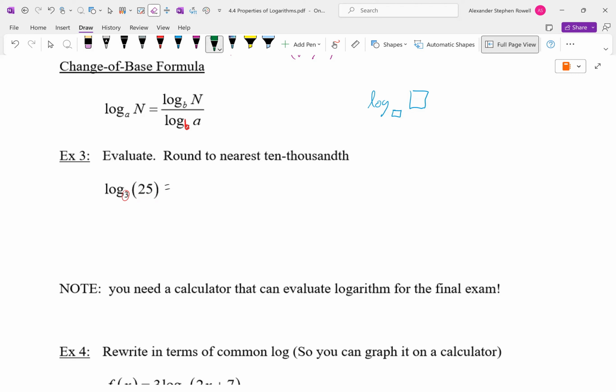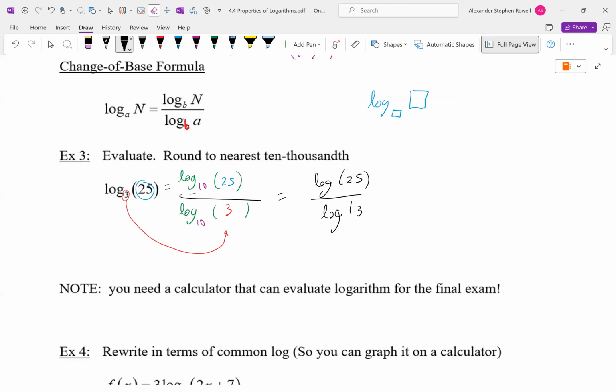You say the log that I want, base 10, of the inside, 25, and I divide it by the log that I want, base 10, of the old base. And that's going to be our formula. Log of 25 over log of 3 will be your answer.